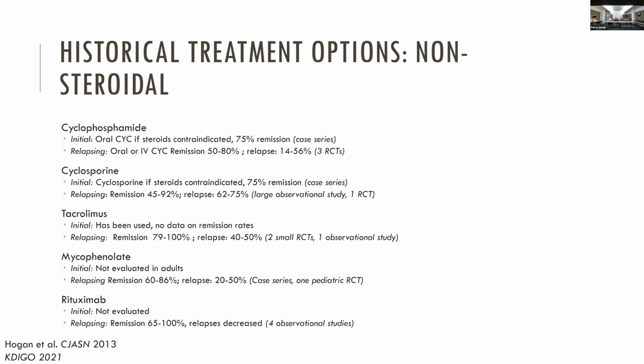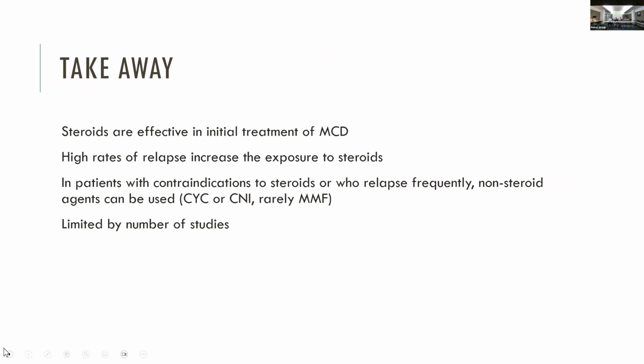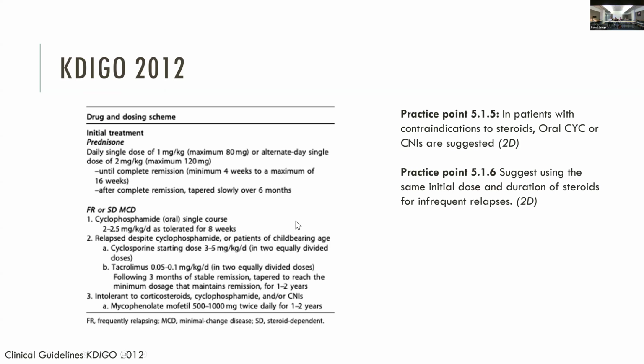There were some randomized controlled trials for Cytoxan, 3 small ones for the CNIs, 1 pediatric one for mycophenolate, and rituximab was just observational studies, plus randomized controlled trials in peds. That's where we were at when the KDIGO 2012 guidelines came out.